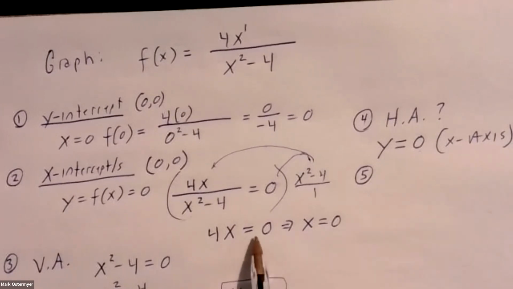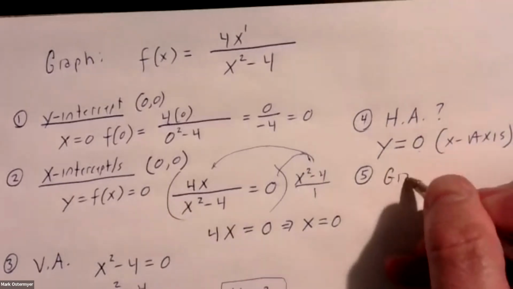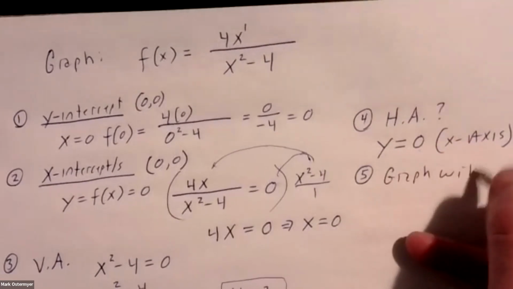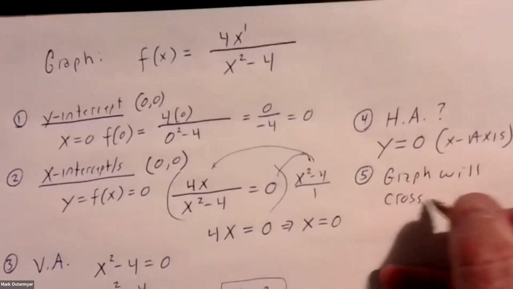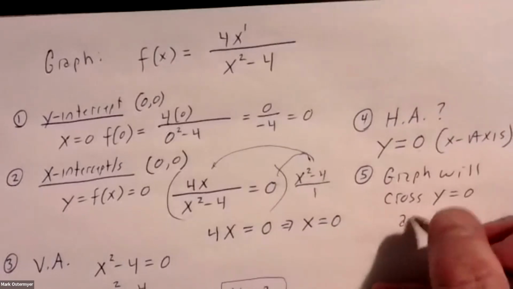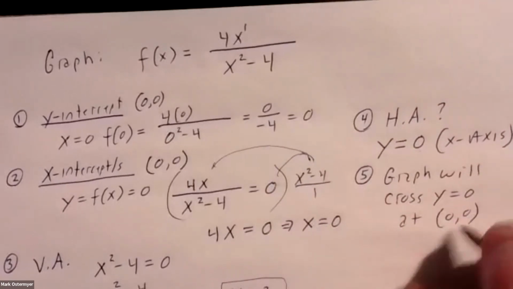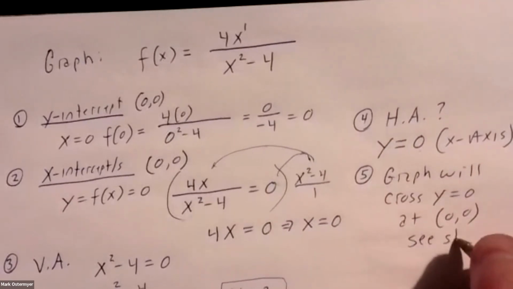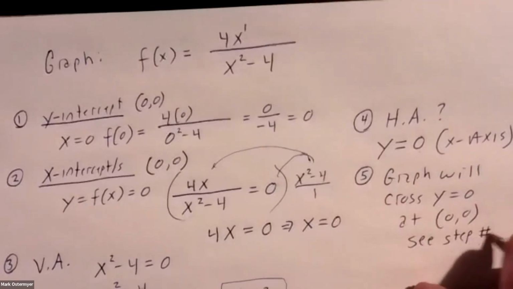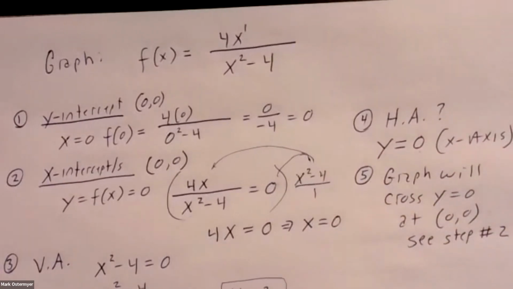Well, we discovered that there's one x-intercept, namely 0, 0. So yes, the graph will cross y equals 0 at 0, 0. See step 2. It does cross the horizontal asymptote at the origin.